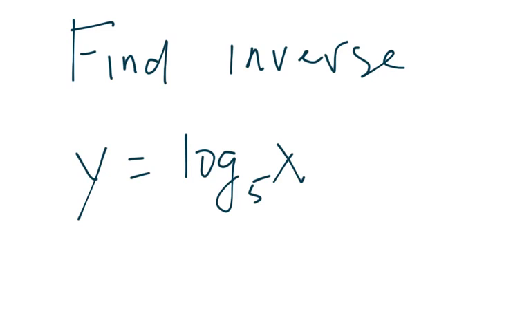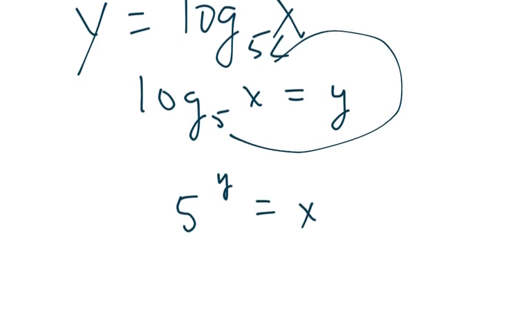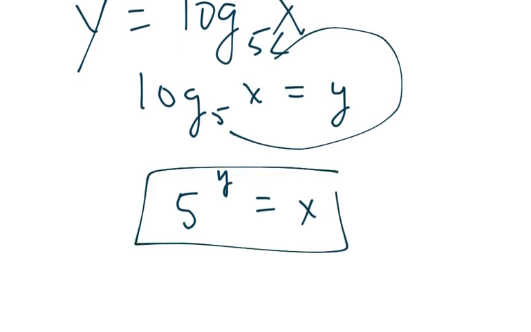Find the inverse. Well, I'm going to rewrite this real quick. I'm going to use my circle the wagons trick. So log base 5 of x equaling y, if I put that into exponential form, would be 5 to the y equals x. But it says I want the inverse of this.